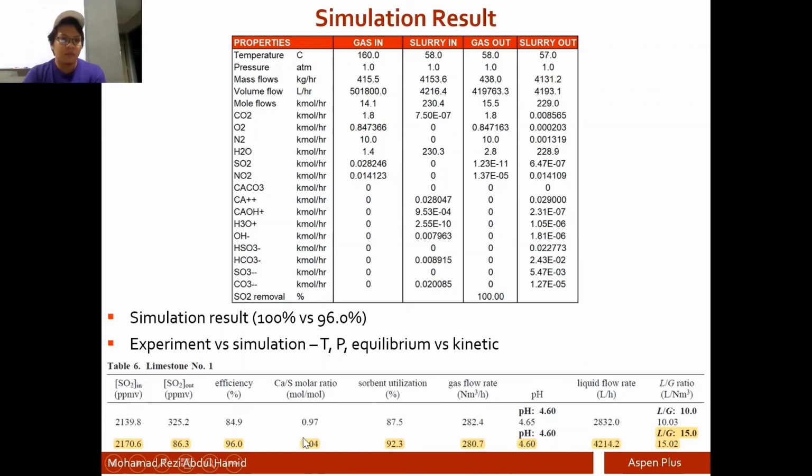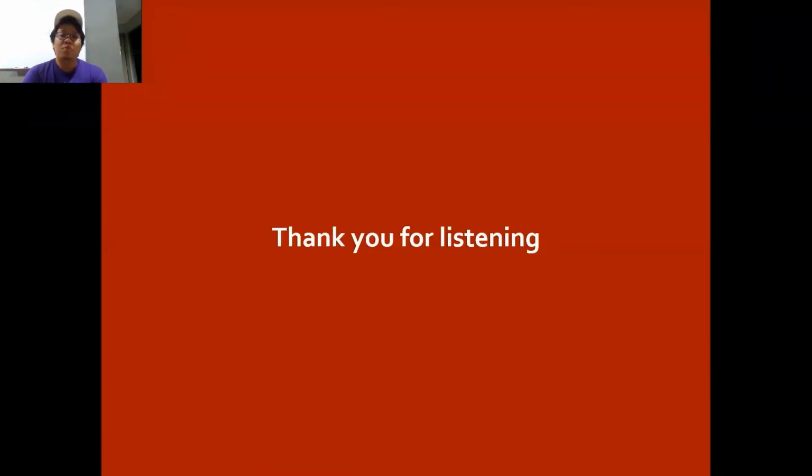And then the calcium over sulfur molar ratio, if you see here, is 0.028. This one is 0.0229, if you remember when I did my simulation. Efficiency is 96 and mine is 100. So I think it is a pretty comparable result, I would say, but we just need to remember that experiment and simulation can be different.